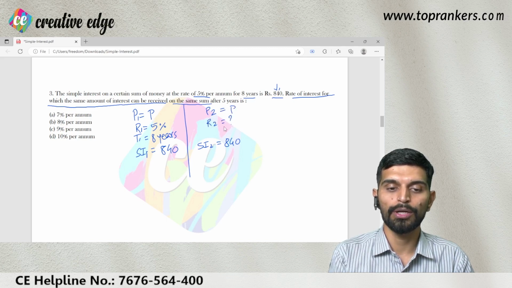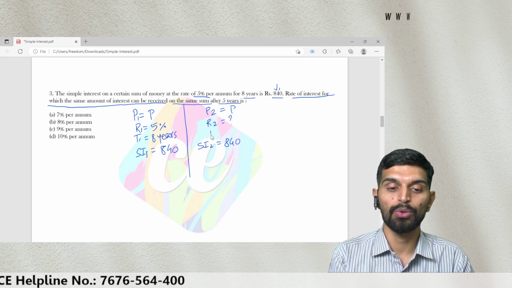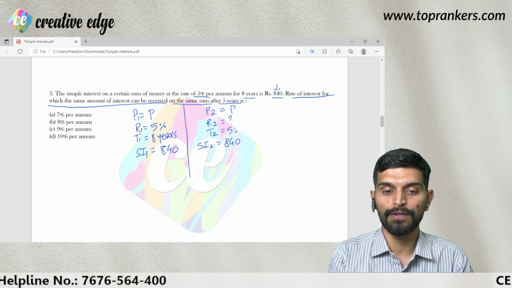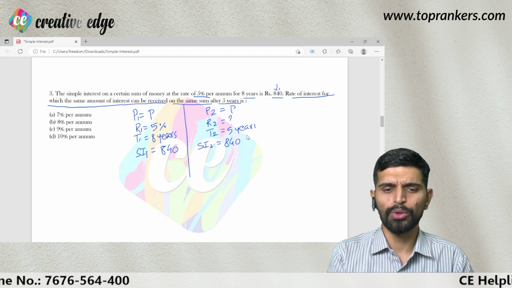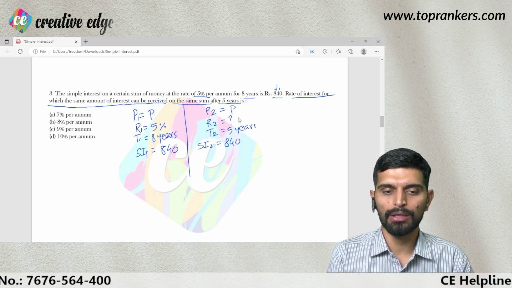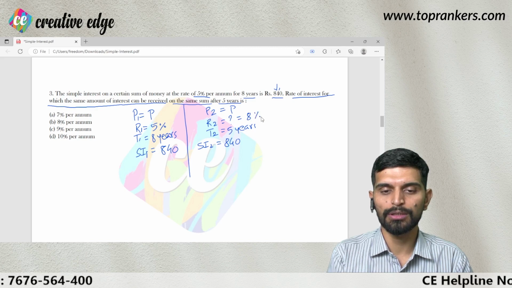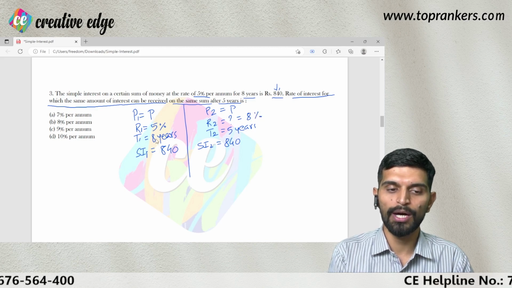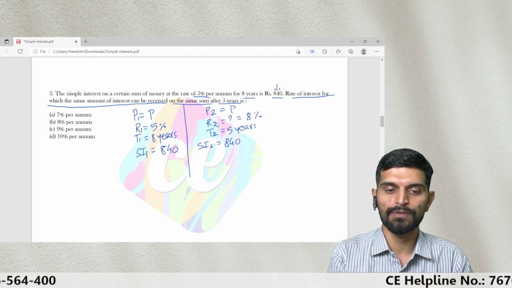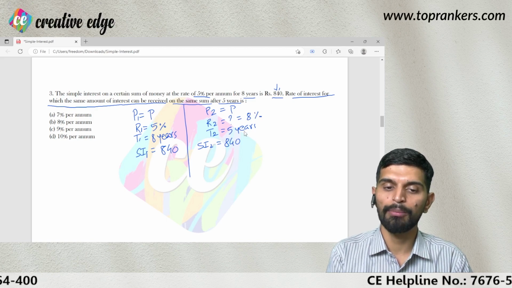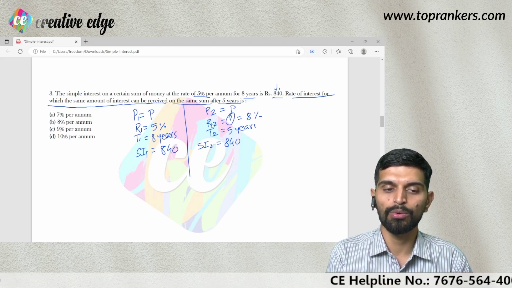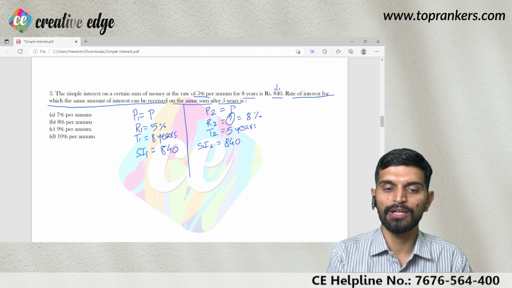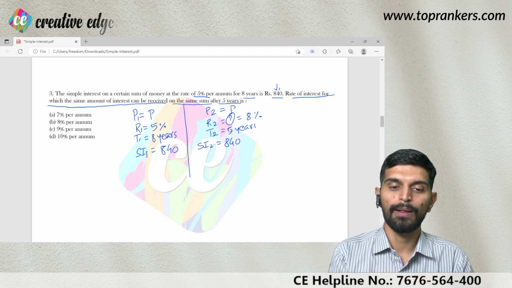R2 we need to determine, and time 2 is given to us as 5 years, right? So this is quite simple. This should be equal to 8%. Why? Because P into R into T upon 100 gives you this value. So this question mark should be equal to 8 because the other factors are the same, right?